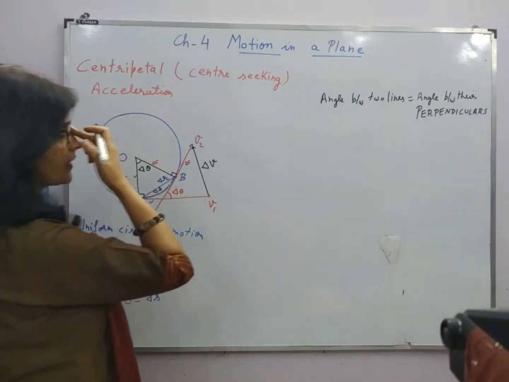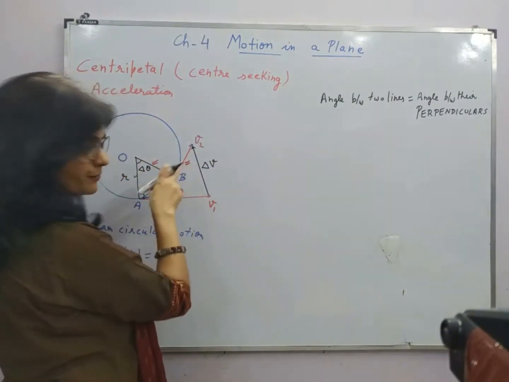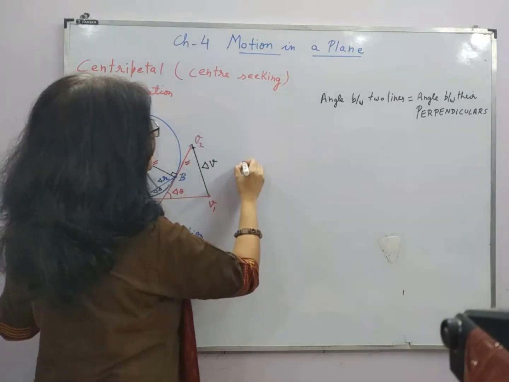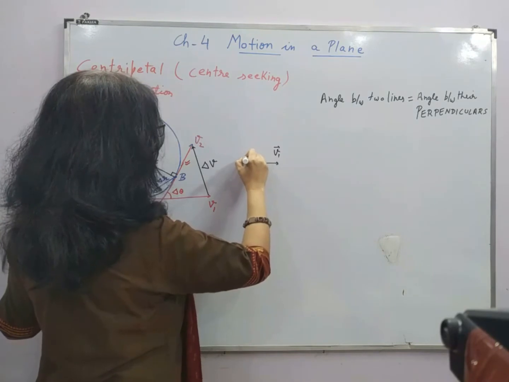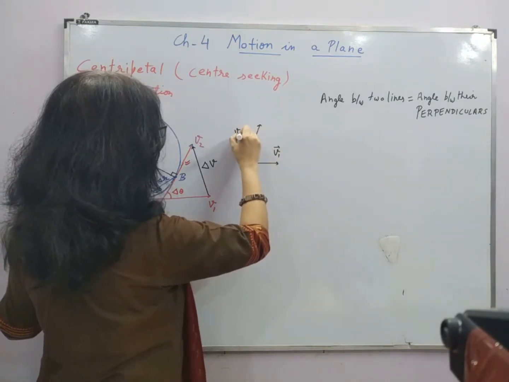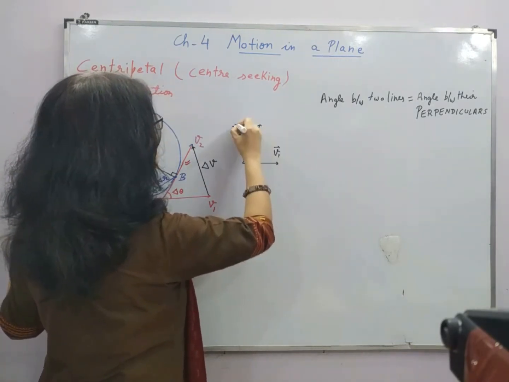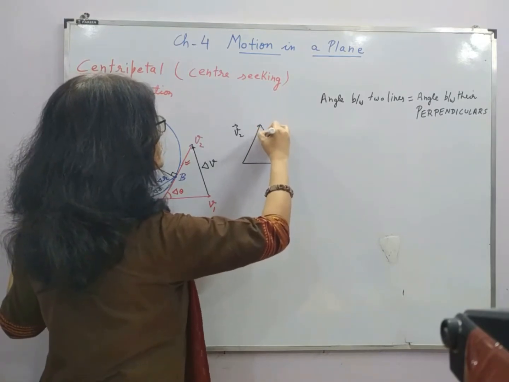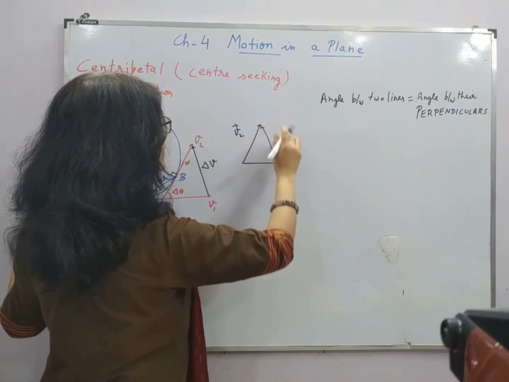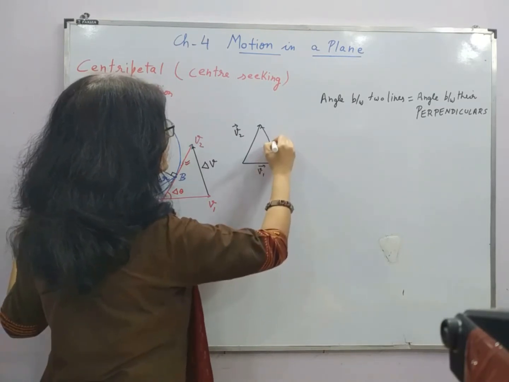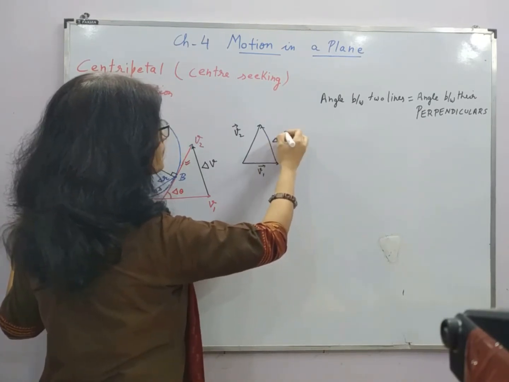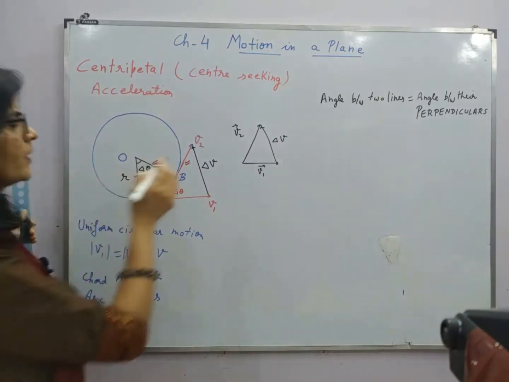I can draw this part of the diagram separately. This is your V1, this is your V2, then this will give you delta V, right?